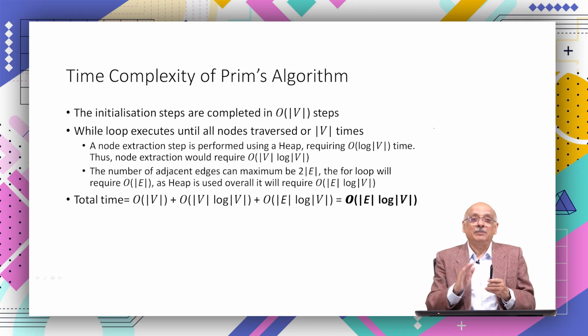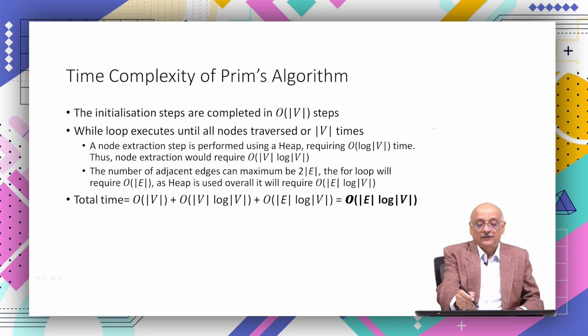When you extract a node from a heap, it takes order log V time. Since you are extracting V nodes, the total time needed will be V log V for extraction. So this is the order for node extraction.